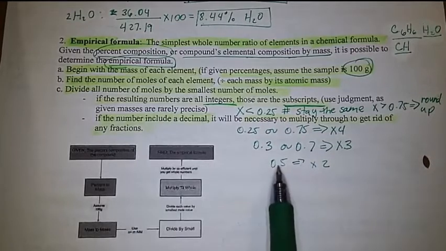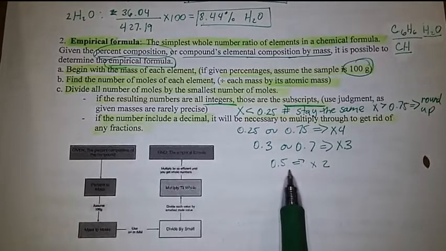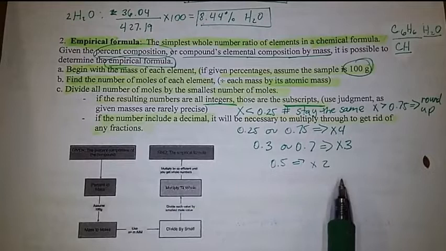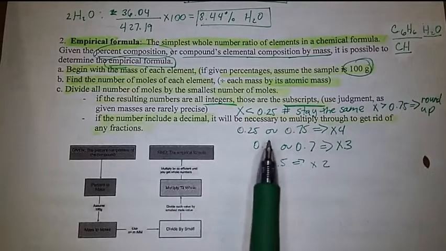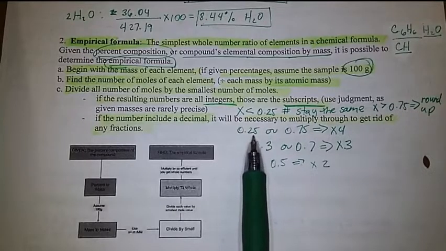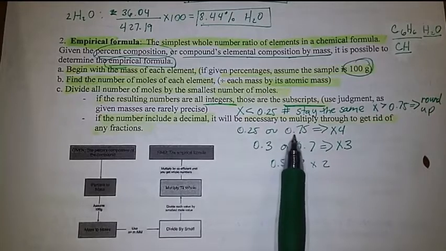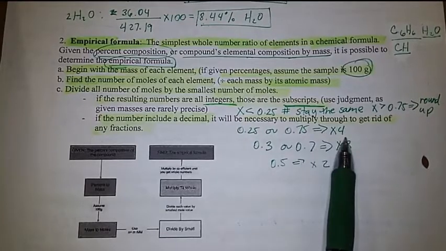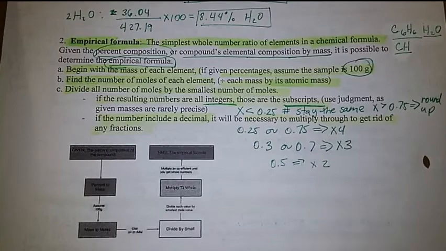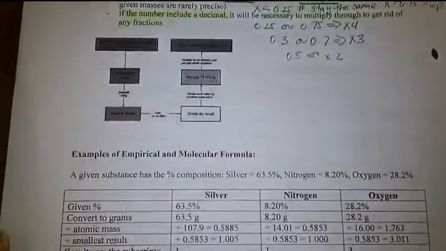If the value of the decimal is around 0.5, then you multiply by 2. If the value is around or at 0.25 or 0.75, then you multiply by 4 to give you a whole number. Okay? So let's actually apply this.